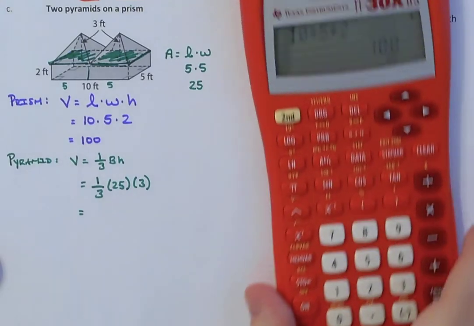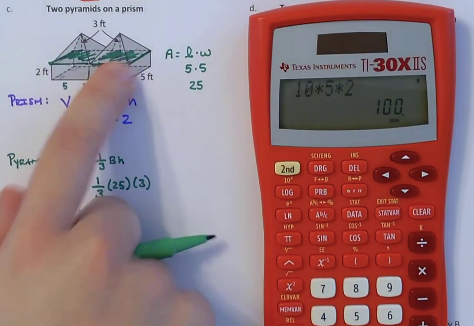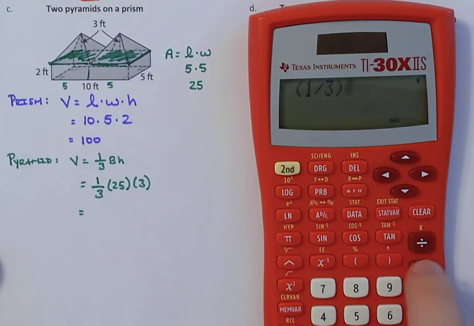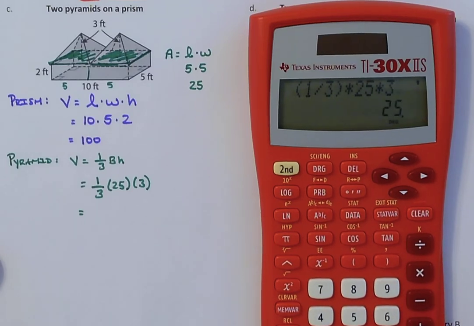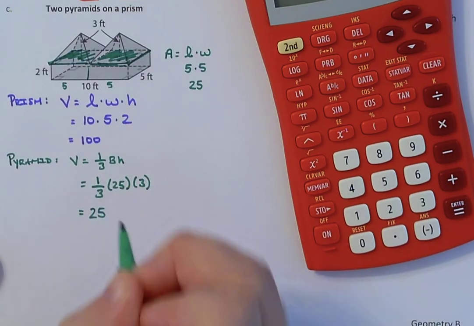So we can calculate the volume of this pyramid, and then we'll calculate it for this pyramid. 1/3 times 25 times 3 gives me a volume of 25.